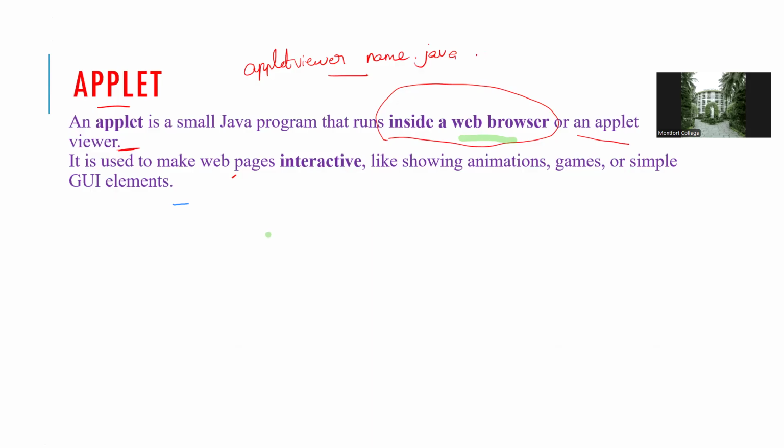If you give this, the applet window will be opened, and in that your output will be shown. So in two ways we can run the applet code. The first way is the web browser. The second way is the applet viewer.